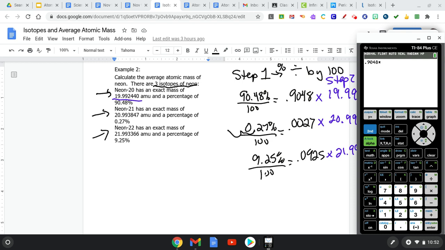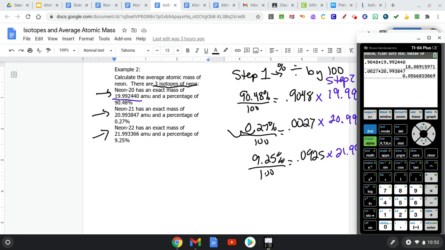All right, so now I'm going to bring my calculator back up, and I'm going to take 0.9048 times 19.992440. And then the second one, I'm going to take 0.0027 times 20.993847.